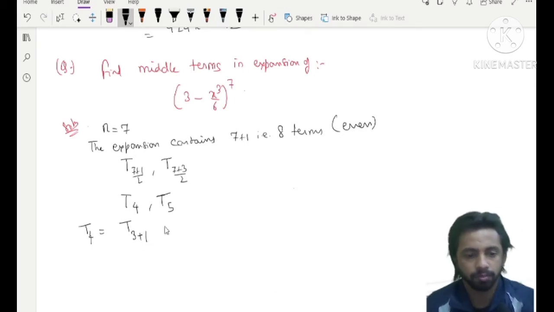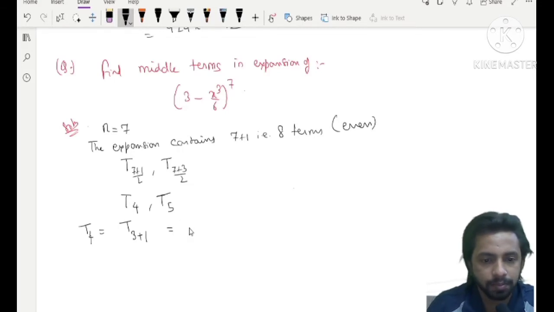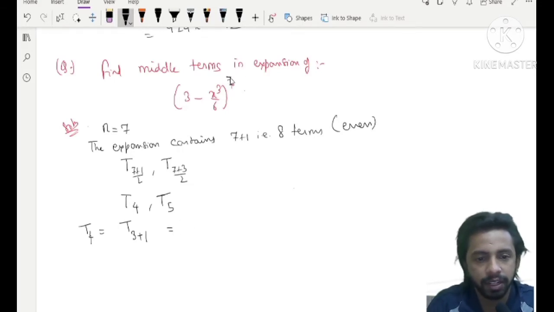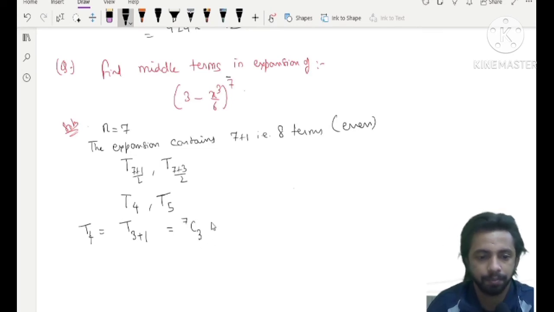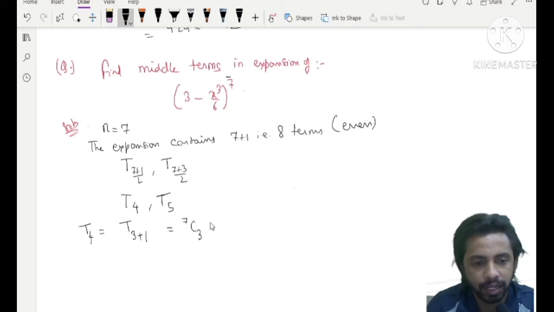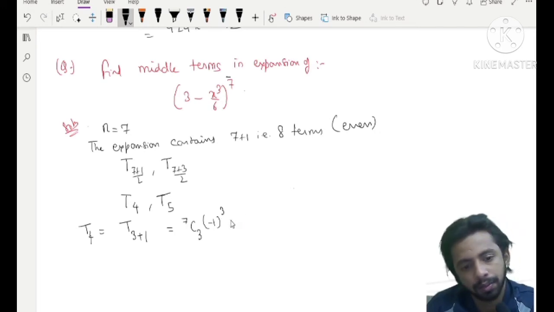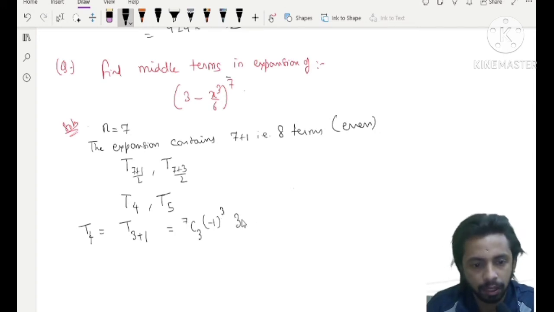So the formula is, since n equals 7 here, this will be 7C3, then minus 1 raised to the power r, and a to the power n minus r, b to the power r.